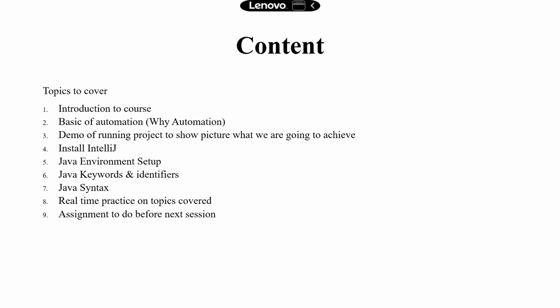We will be covering the introduction to the course that I have already given you, then why we have to do automation. Then we will see a demo of the running project. Then we will be installing IntelliJ, a tool we will be using to write our code in. Then we will do the Java environment setup, then cover some basic topics of Java and so on.